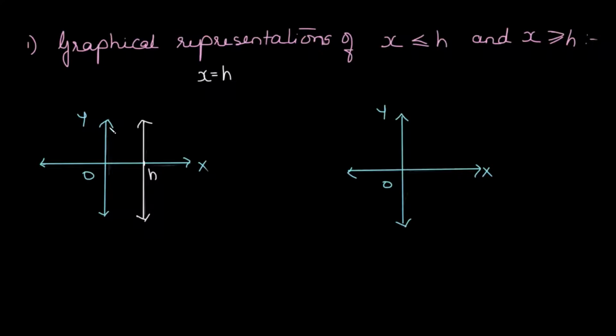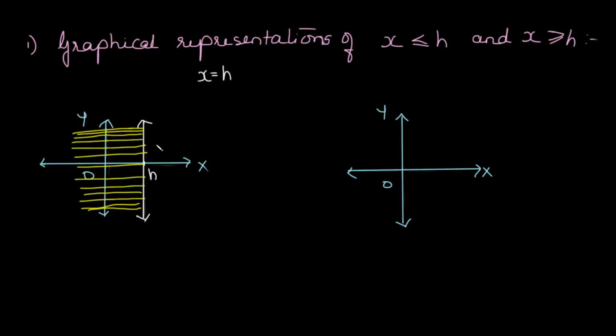So the feasible region for us in this case would be this particular shaded region, including the entire y-axis and the side of the x-axis to the left of x is equal to h. This is our feasible region in this case.